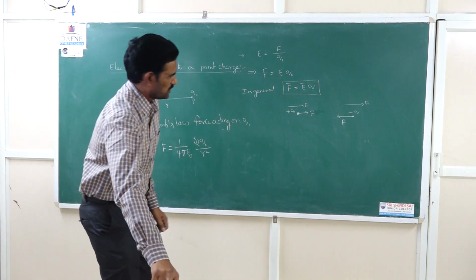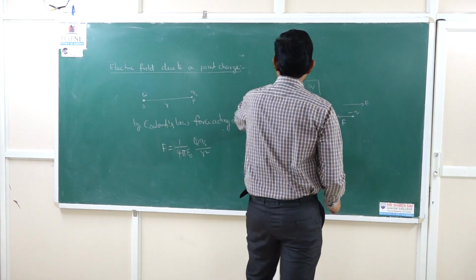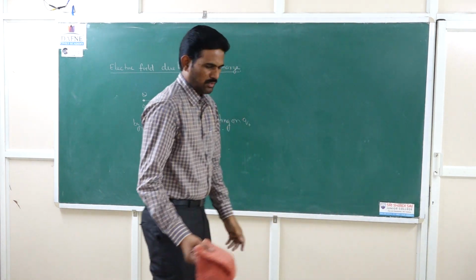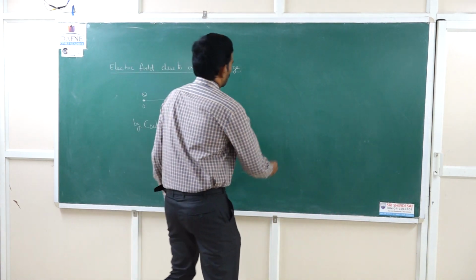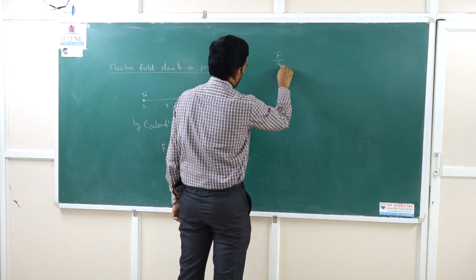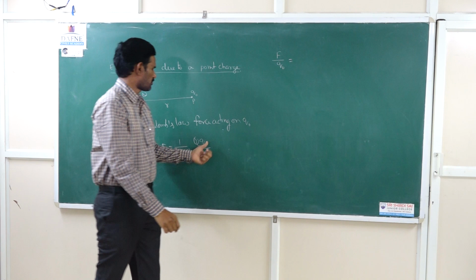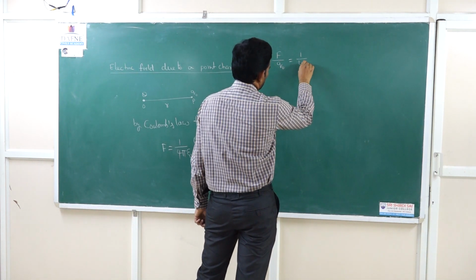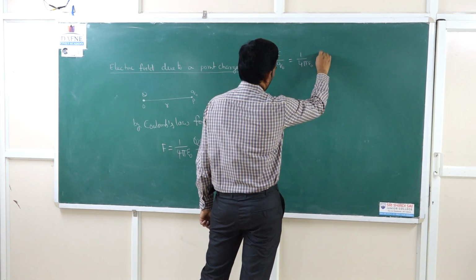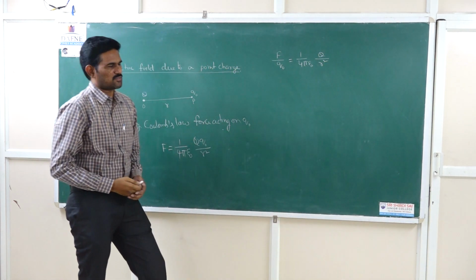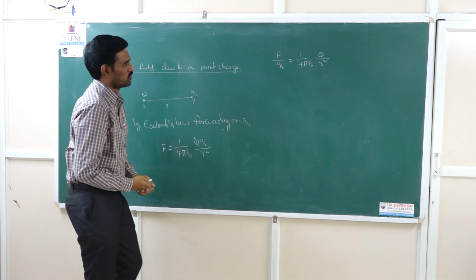It is the force experienced by a unit positive charge Q naught. From this, F by Q naught is equal to 1 by 4 pi epsilon naught into Q by r square.